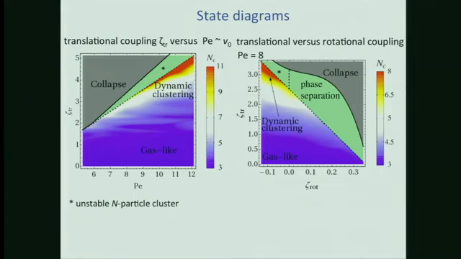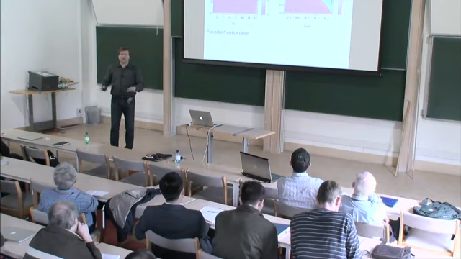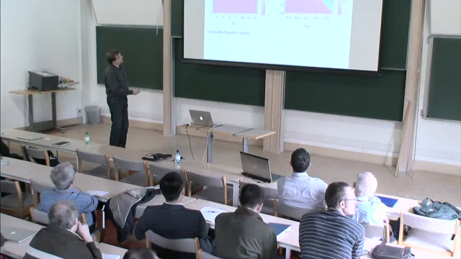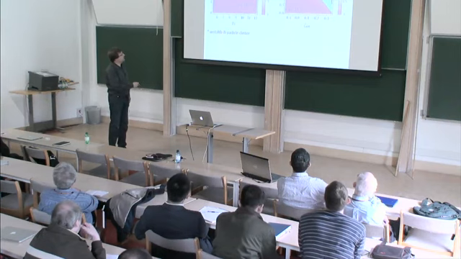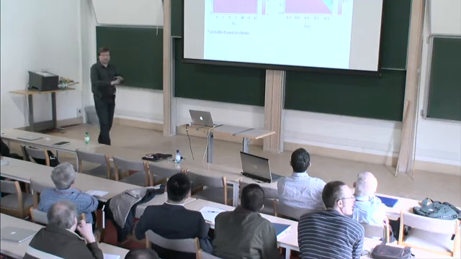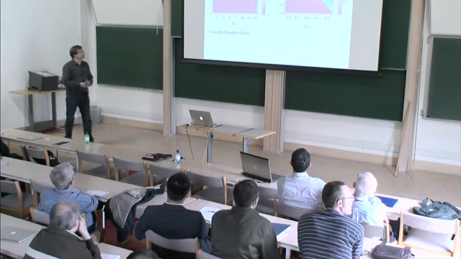That means the particles form a more or less stable large cluster, but you also have a gas phase of isolated particles around the stable large cluster. And if you cross now to negative zeta_rot here, you again find the unstable n-particle cluster. So you already see there is a very wealth of phenomena coming up in the system here.